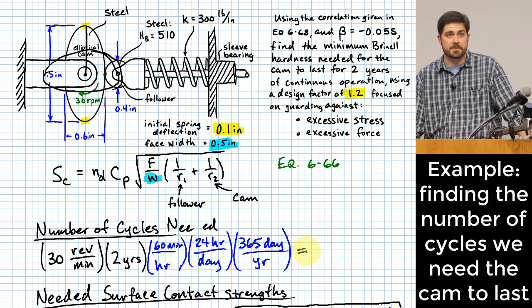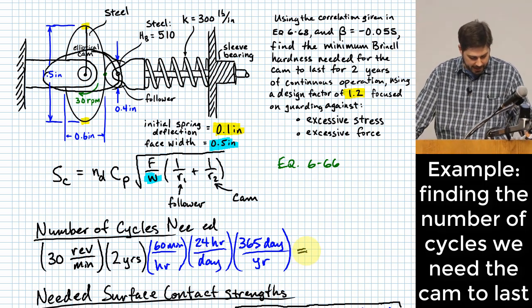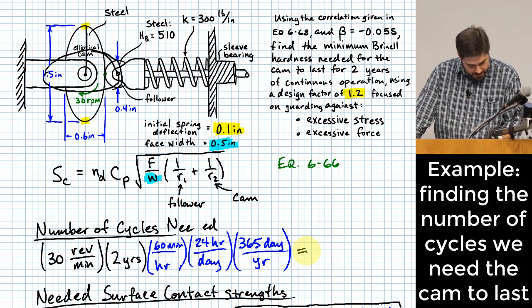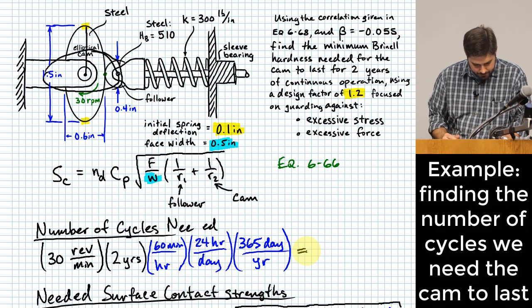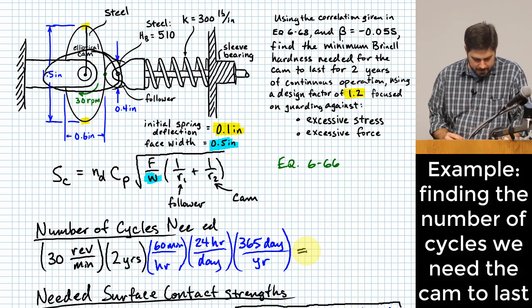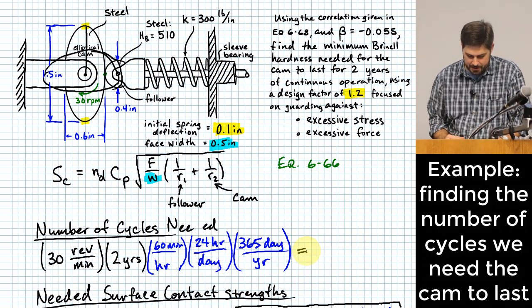And this gives us the number of cycles that we need for this part to last. So that number of cycles winds up being 31,536,000.